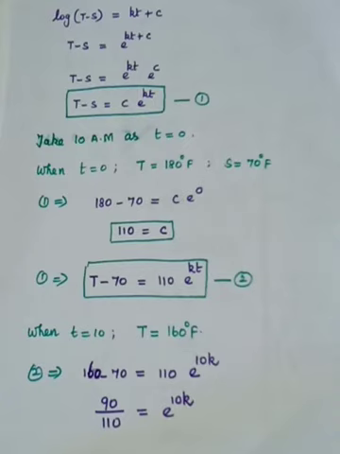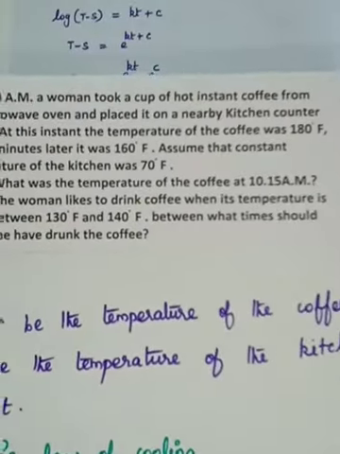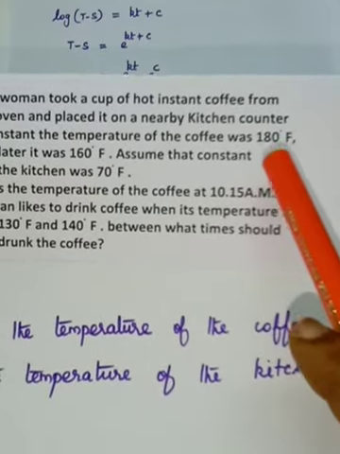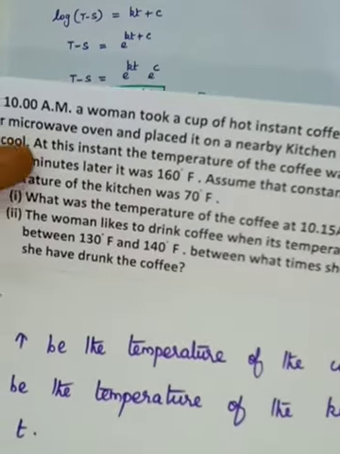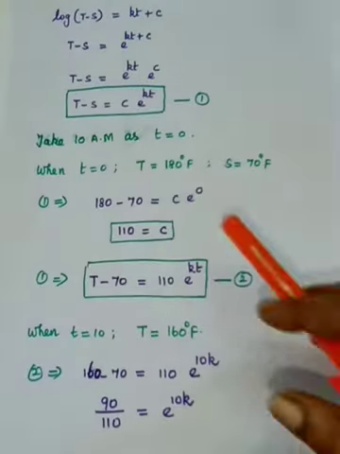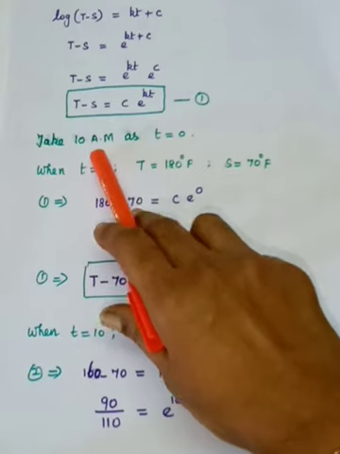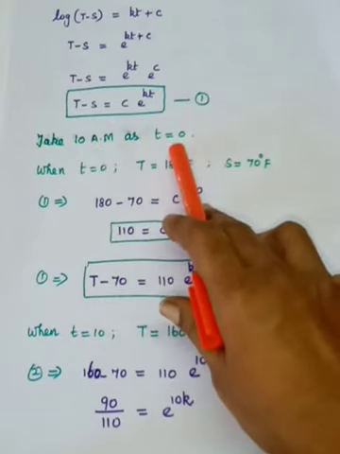So first, what is given? 10 o'clock, 10 a.m. What is the temperature of the coffee? It is 180 degree Fahrenheit. So 10 a.m. has to be taken as small t is equal to 0. The starting time is 10 a.m., so that has to be taken as t is equal to 0.